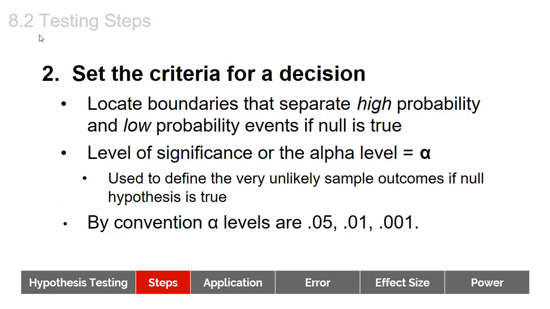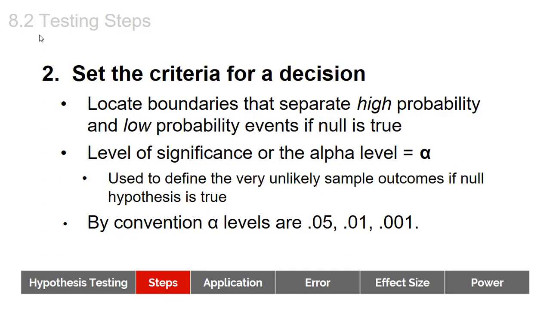It's called level of significance, or the alpha level, and it's indicated by that strange looking A. We use this level of significance or alpha level to define the very unlikely sample outcomes if the null hypothesis is true. This is going to make more sense as we move on. But what I want you to know now is, by convention, alpha levels are 0.05, 0.01, and sometimes 0.001.